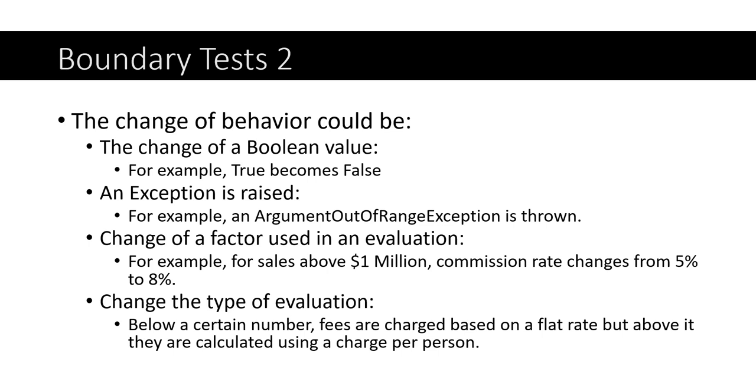But when you go above that number, then there's a calculation using a price per person or charge per person and so on. So it's a completely different approach to calculating something that gets triggered or put into play because you've crossed a boundary. Well, these are just all examples of situations. You can see why boundary testing is almost inevitably a significant part of any type of unit test for practical applications that you build out in the real world, right?